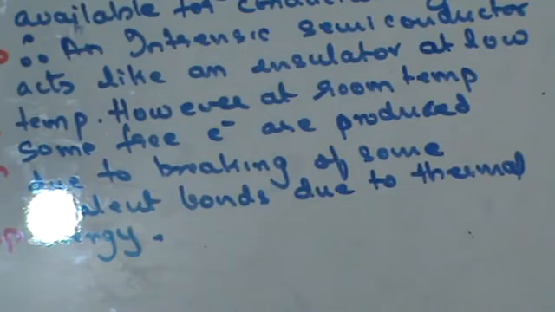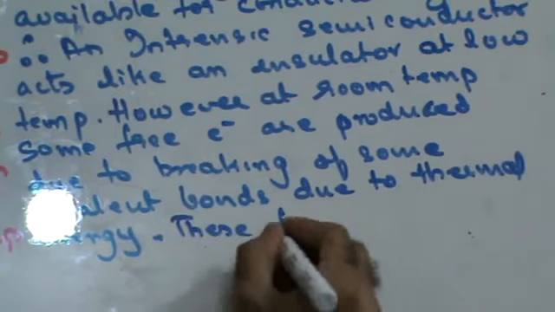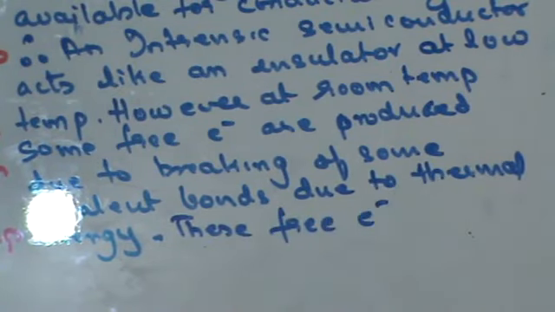So in intrinsic semiconductors, the number of free electrons is always equal to the number of holes.